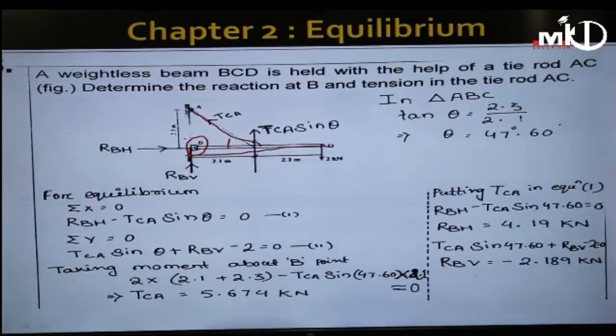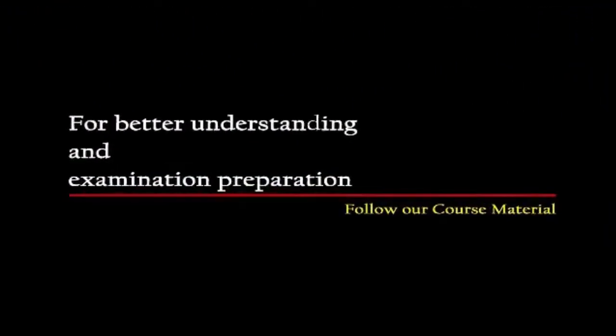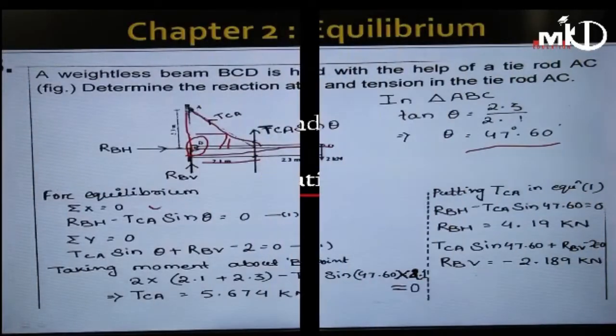How do you find it? You know this distance is 2.3 meter, this distance is 2.1 meter. So this triangle ABC is a right angle triangle. So in triangle ABC, tan theta equal to P by B, you know, 2.3 divided by 2.1. So theta comes 47.6. Now for equilibrium we know total forces along x direction equal to 0.